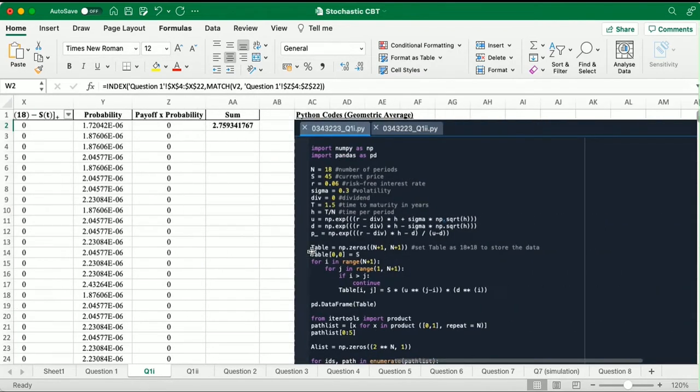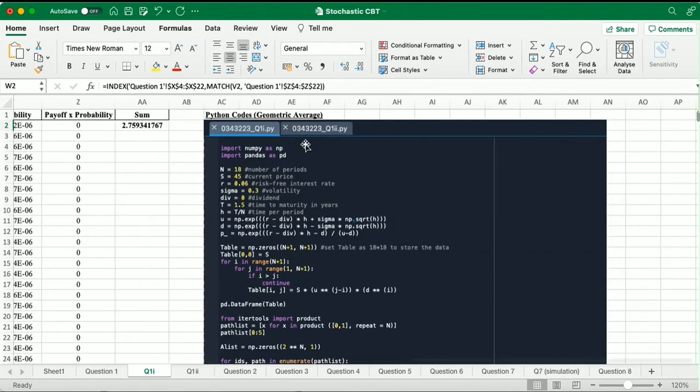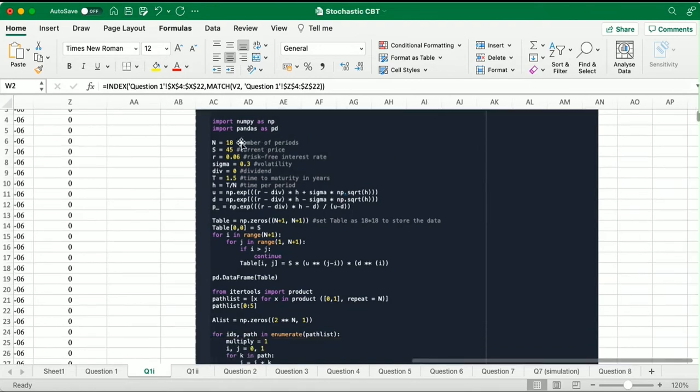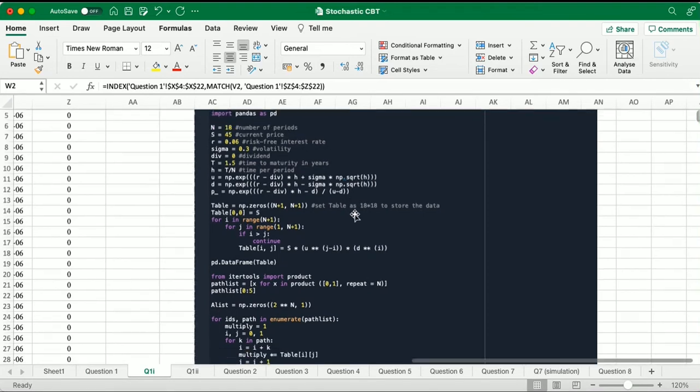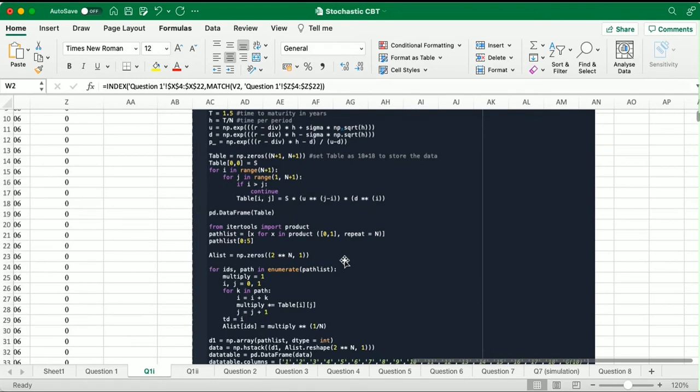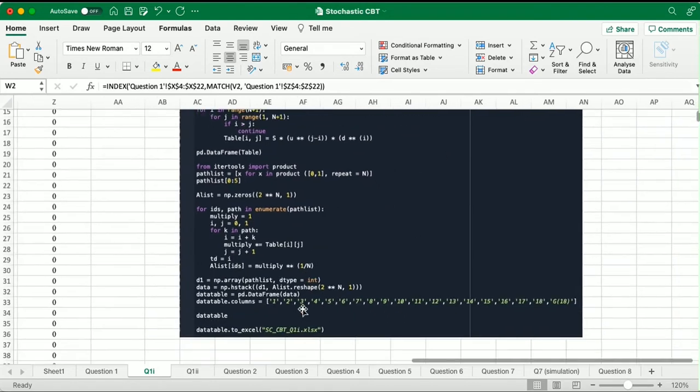The code for geometric average is pasted here, where the first part includes the formulas that we calculated using Excel just now, and we apply this whole series of code to finally calculate the geometric average, which is the multiplication of each stock price to the power of 1 over the number of values in that path.